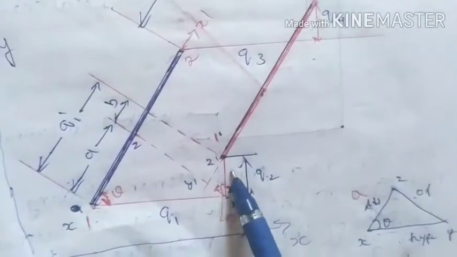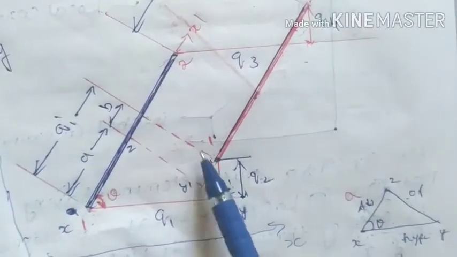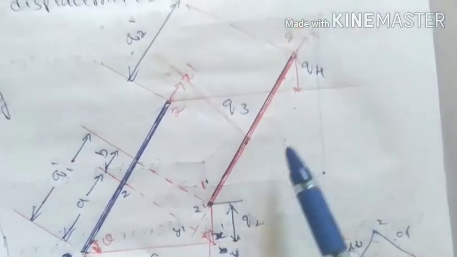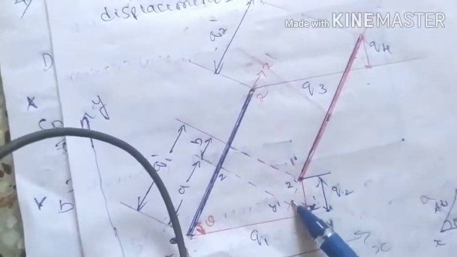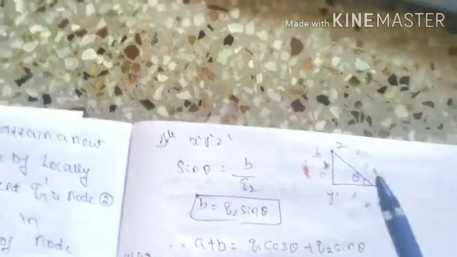Similarly, one more triangle we are considering is this small triangle. Let's call it x dash, y dash and z dash, and it also has an angle theta. I have drawn it separately for understanding. According to the figure, this distance is b, and this distance is q2.